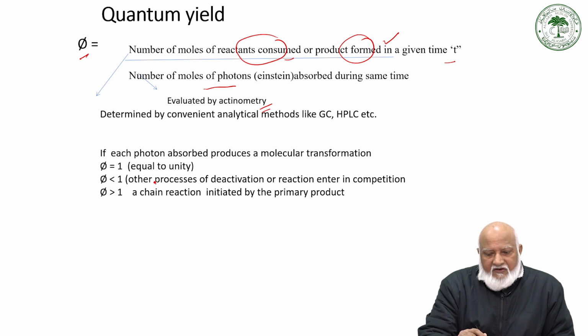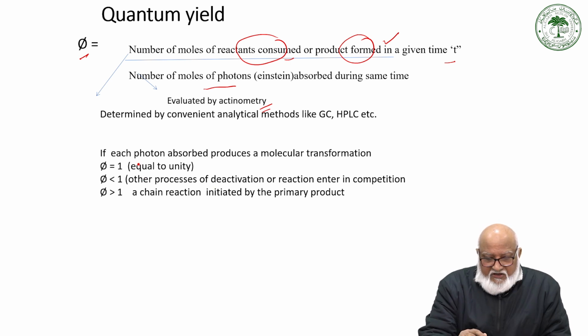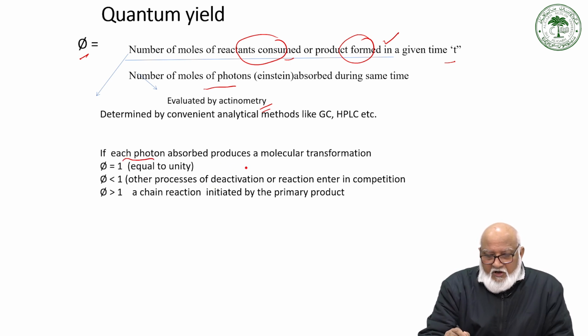If each photon absorbed produces one molecular transformation, then the quantum yield is unity. If the quantum yield is less than 1, then other processes of deactivation take place.